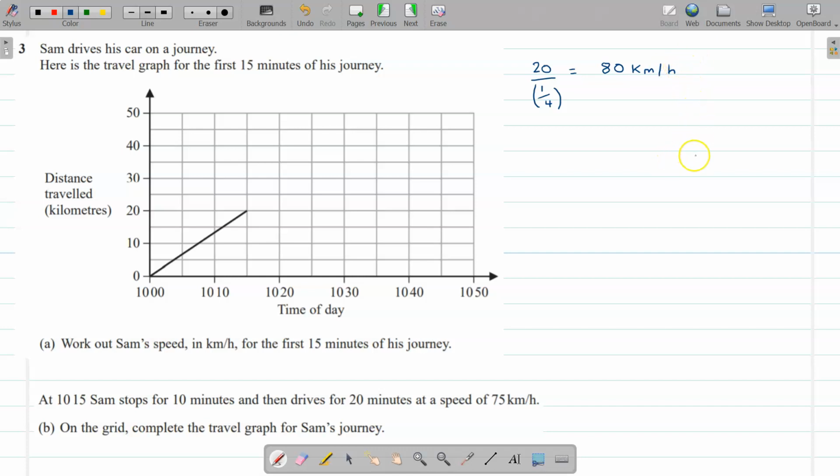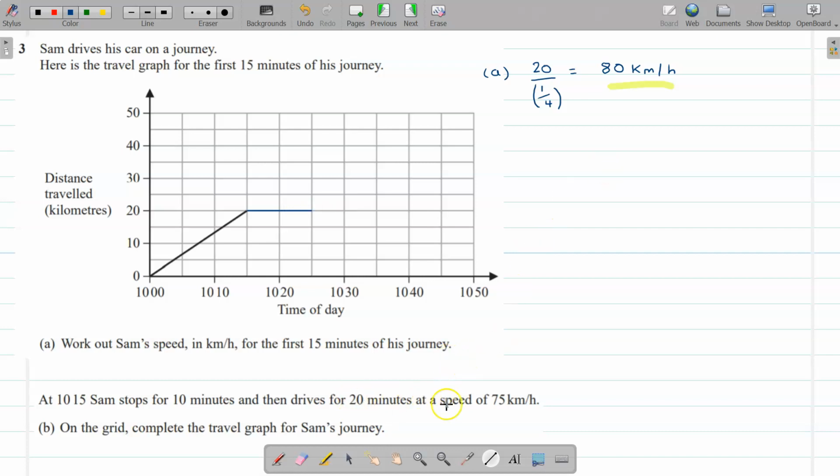Okay, and that's it for the first part of the question. And then we go on to part B, which is asking us to, on this grid, show the rest of the journey. Well, look, we've got 10 minutes of rest. So that's from here, that's 10:15 to 10:25.